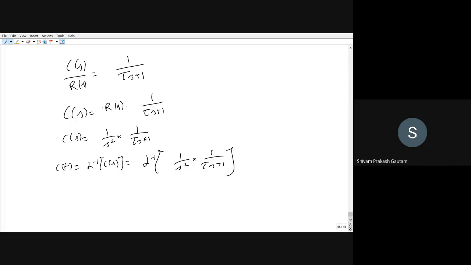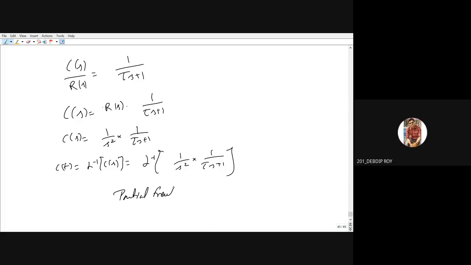How will you calculate c of t? What will you do after this point? You want to calculate the inverse Laplace transform of this function. First, what you have to do is partial fraction.